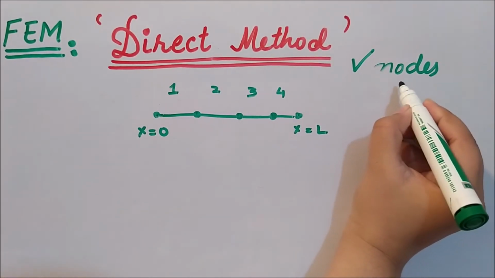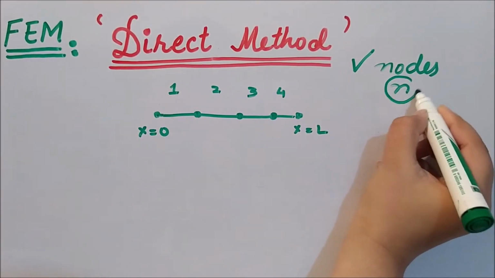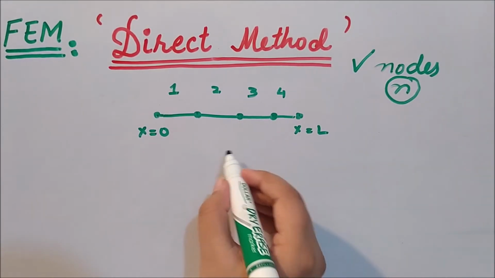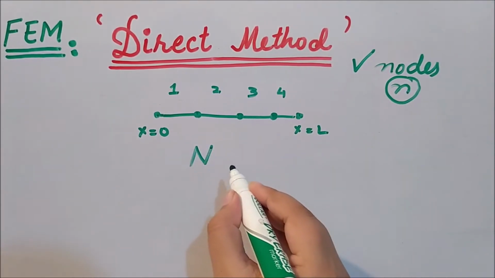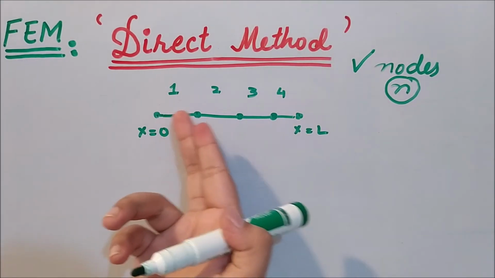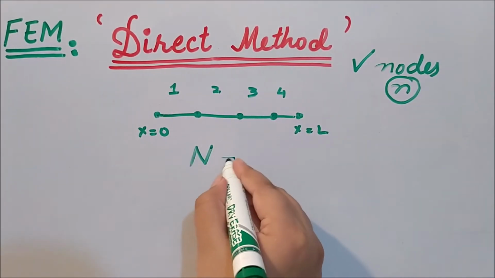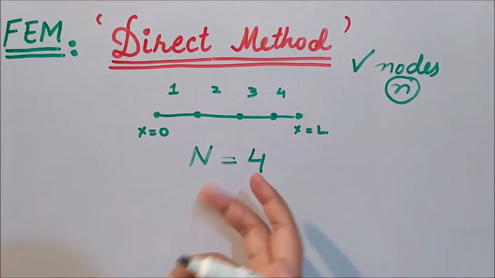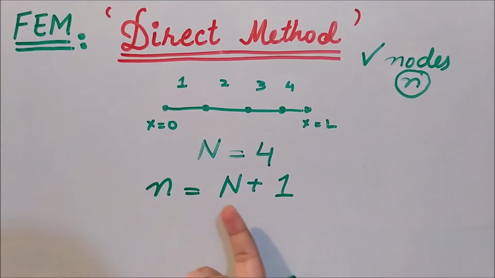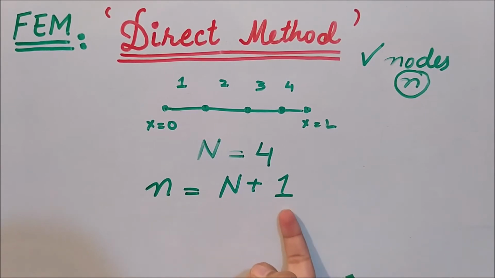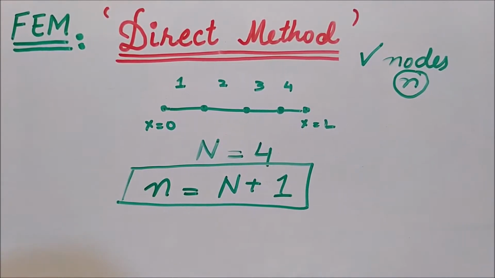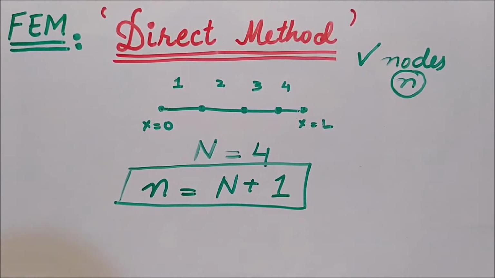As we have seen, the number of nodes is represented with small n, and the number of elements is represented by capital N. So how many elements do we have? 1, 2, 3, and 4. So capital N is equal to 4, and there is a connection between the number of nodes and the number of elements. Number of nodes is equal to number of elements plus 1. So this is the relation between small n and capital N, but this is only for linear elements.